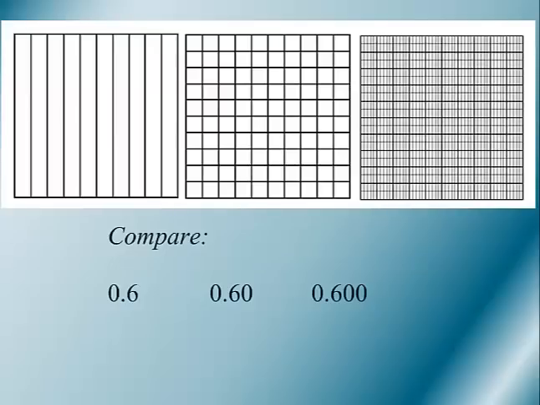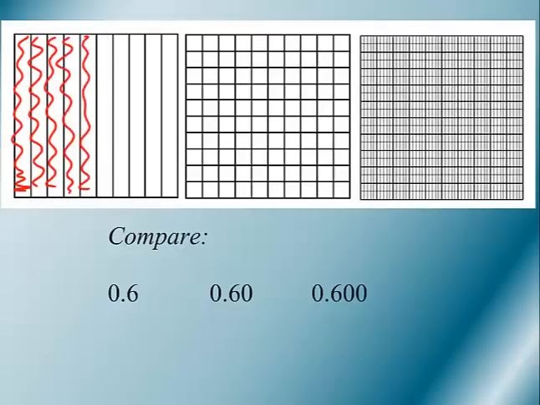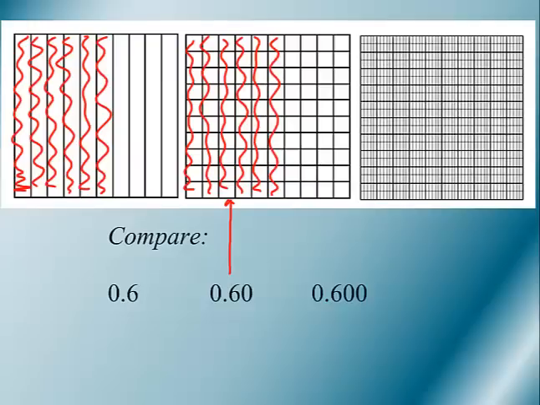Sometimes a picture will help us also to explain. For example, here I have 6/10. 1, 2, 3, 4, 5, 6. Now if I convert the 6/10 to hundredths and color in 60 hundredths, what do you notice?